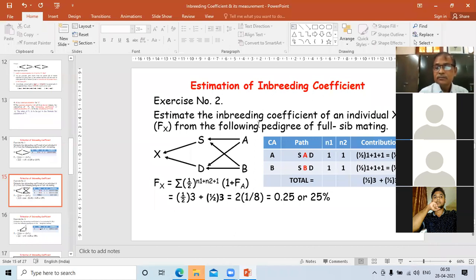सर ये नहीं समझ में आ रहा सर, full SIP meeting और half SIP. सर full SIP meeting और half SIP meeting. Both the ancestors are same. Full SIP. What is full SIP? आप कौन बोल रहा है? Sir, both parents are common. Yes, sir.